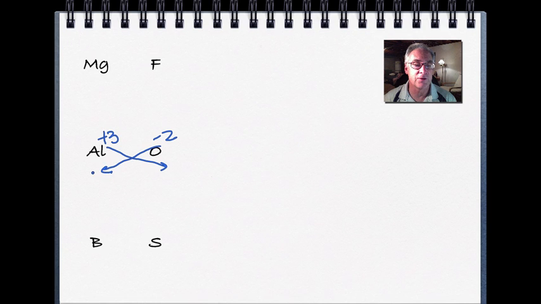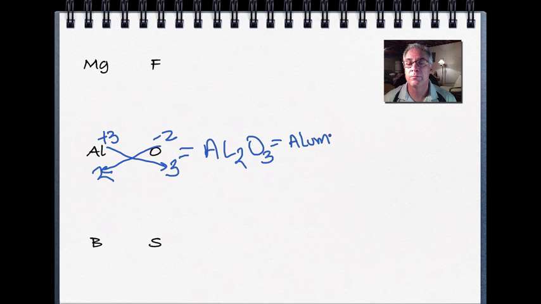And so we get a 2 as the subscript for aluminum. For oxide, it would be the 3. So it will have subscript 2 for aluminum, subscript 3 for oxygen, and it would be called aluminum oxide.